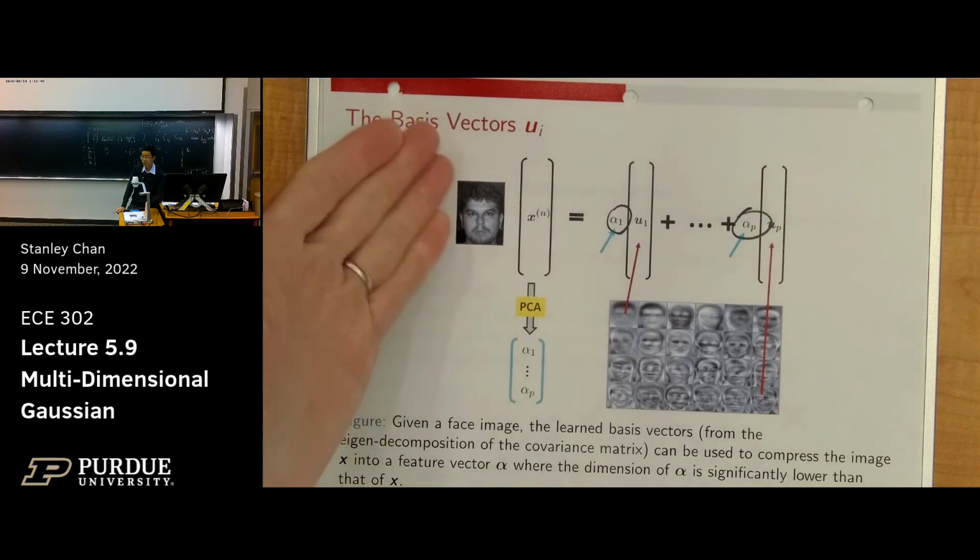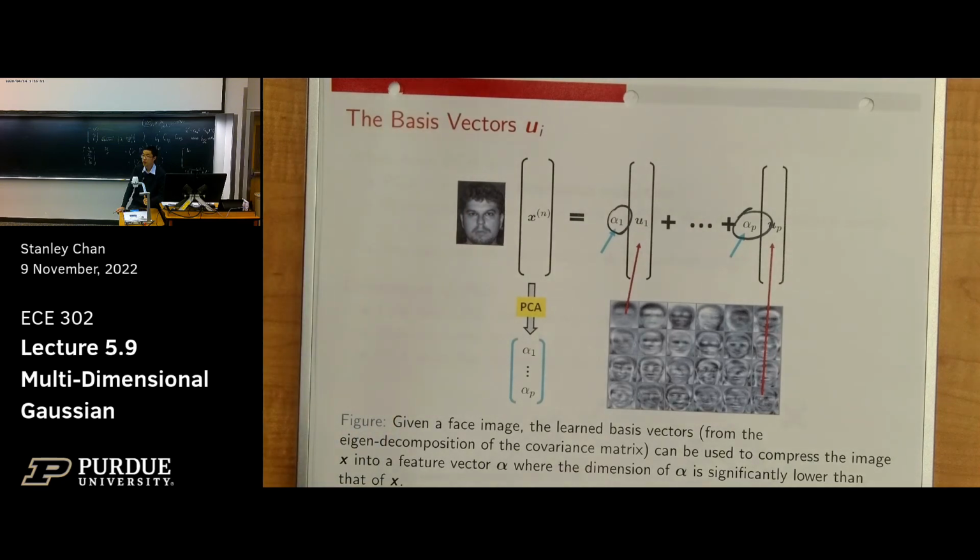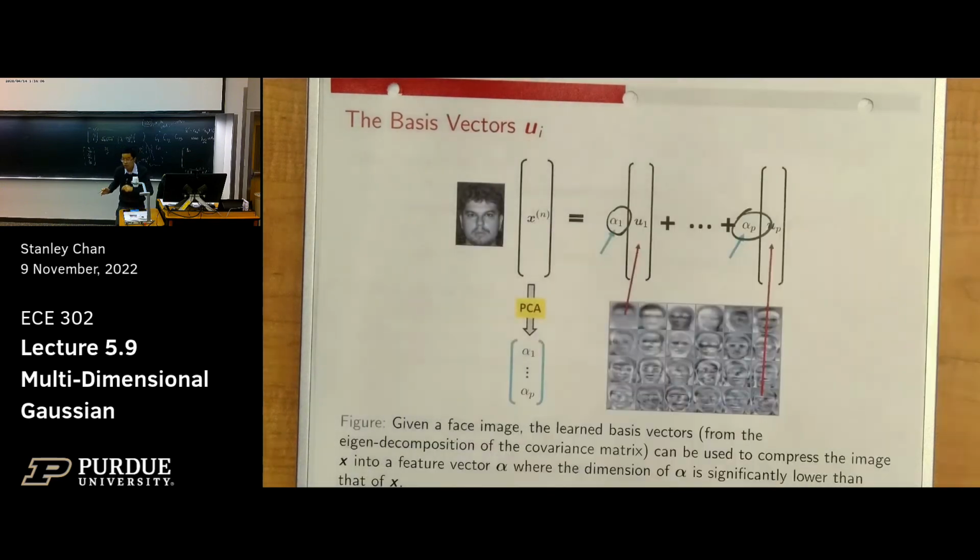So there's a huge dimensionality reduction, going from, let's say, 1 million pixels down to just 100 coefficients. Where does the saving come from? The saving comes from the fact that all these U's are predetermined. They're the basis functions, already given to you. What you need is to find out the coefficients.